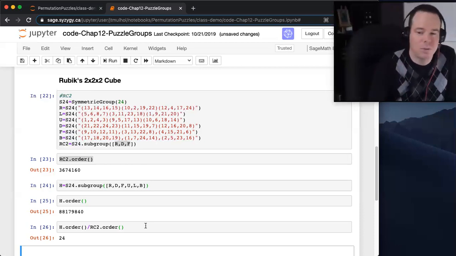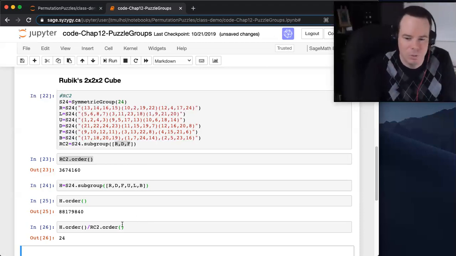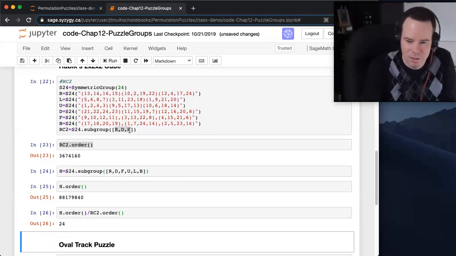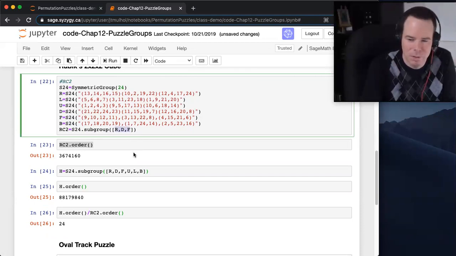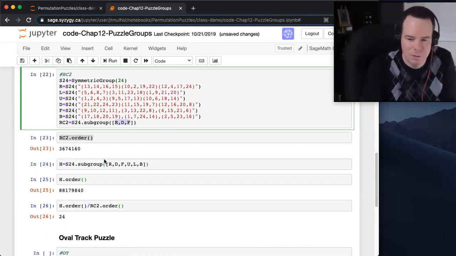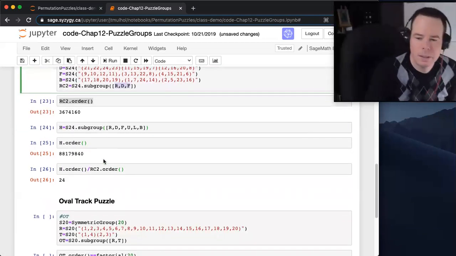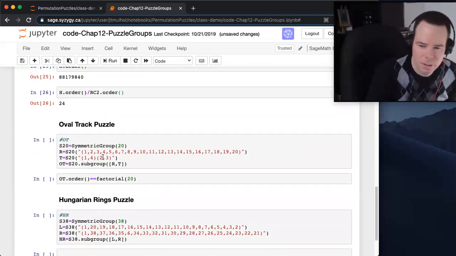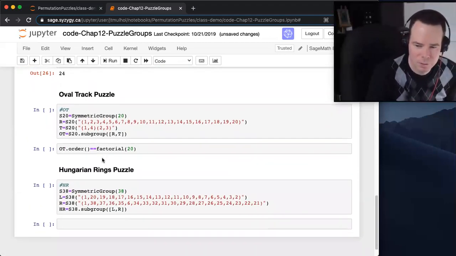Whereas with the 2x2x2 cube, we can get those symmetries. So that's just one thing to notice, that I had to cut out a couple of the moves because of overcounting. Okay, let's go on and have a look at the next puzzle, the oval track puzzle.